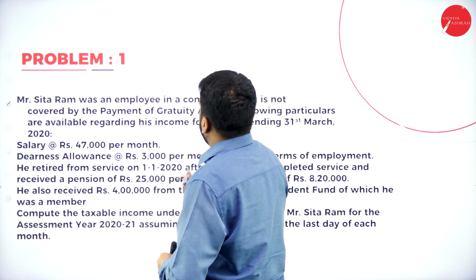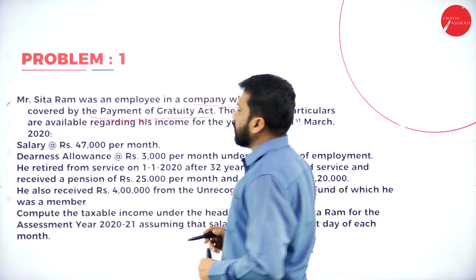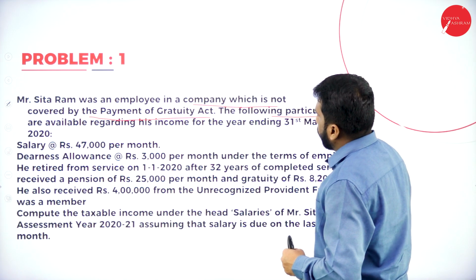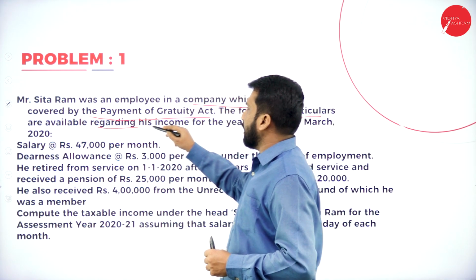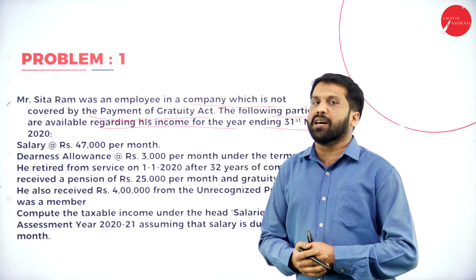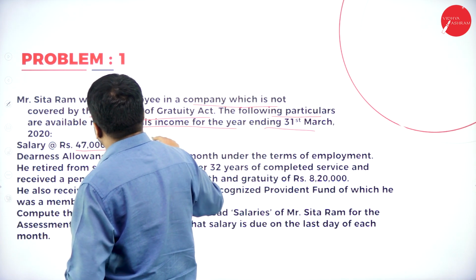Sitaram was an employee in a company which is not covered by the Payment of Gratuity Act. Now, the following particulars are available regarding his income for the year ending 31st March 2020. Salary is 47,000 per month.